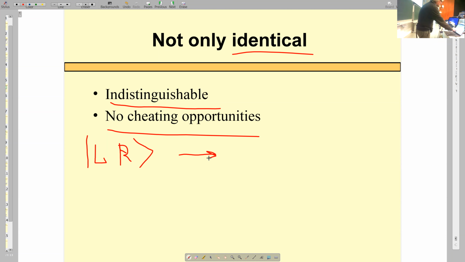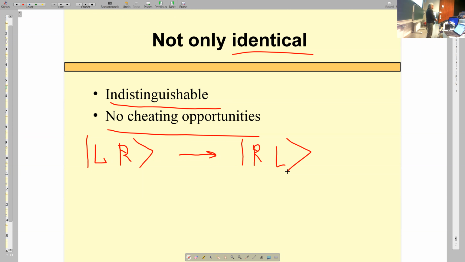Which one? First is on the right, second on the left. This state is a distinct one. But you cannot distinguish between these two states unless you follow my hands.